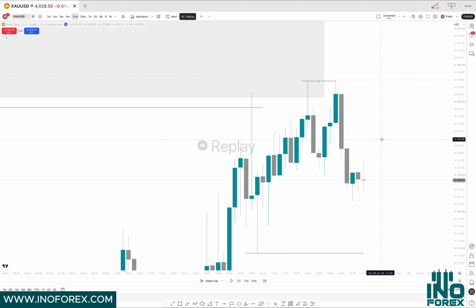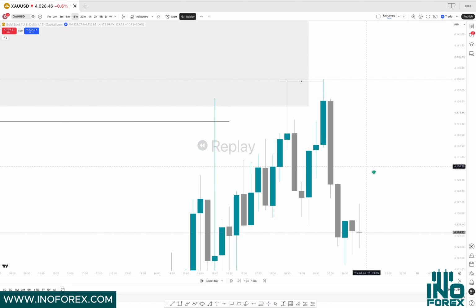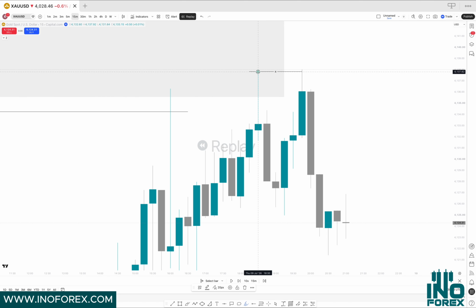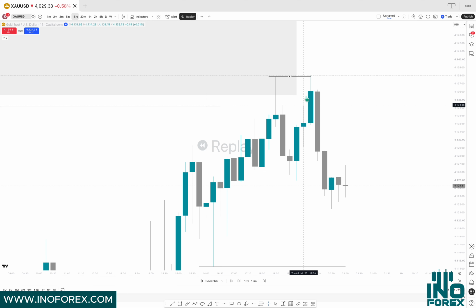Let me show you clearly. This is our previous high, and the market pulls to the upside, breaks this high and sweeps the previous high. That's why we mark here that the market swept the previous high. After the market swept the previous high, the market creates a change of character. This is a CHoCH.